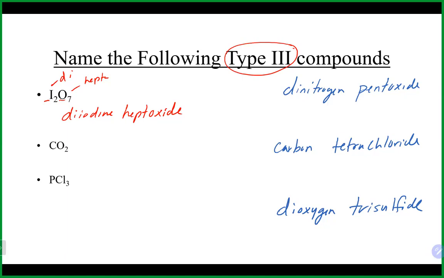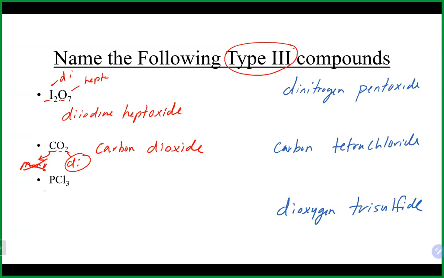Looking at the second one, there is 1 carbon, which is nonmetal. Oxygen is a nonmetal. So carbon 1 is mono, 2 is di. Once again, we don't use mono on the first name, so we will just use the whole name there, which would be carbon. And that would then be di, and this guy will get the IDE at the end. So that would be carbon dioxide.